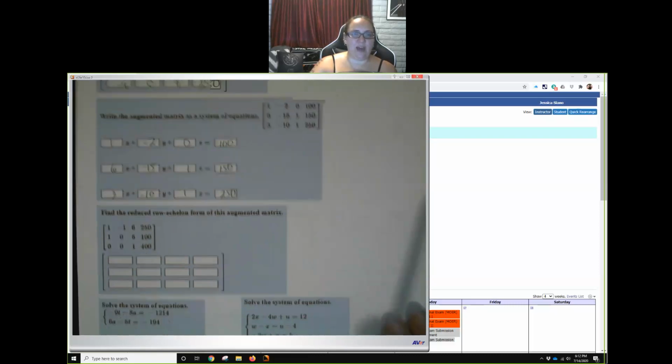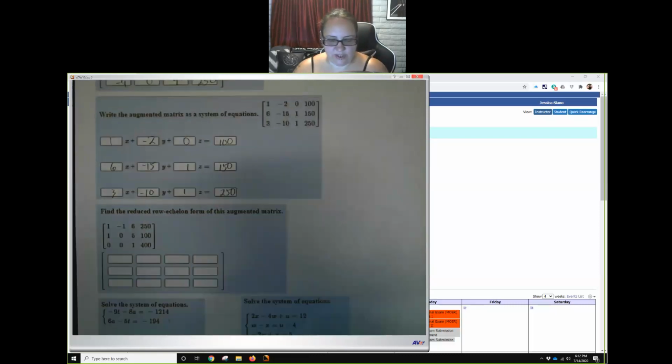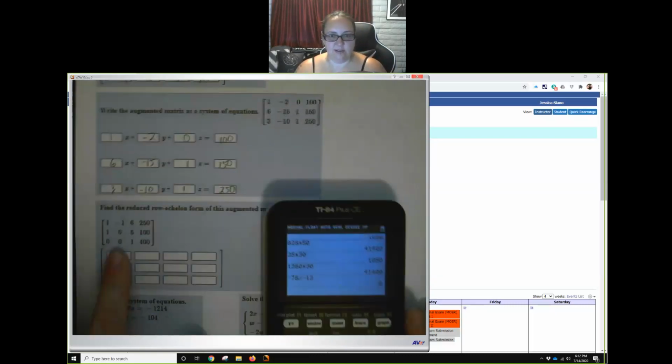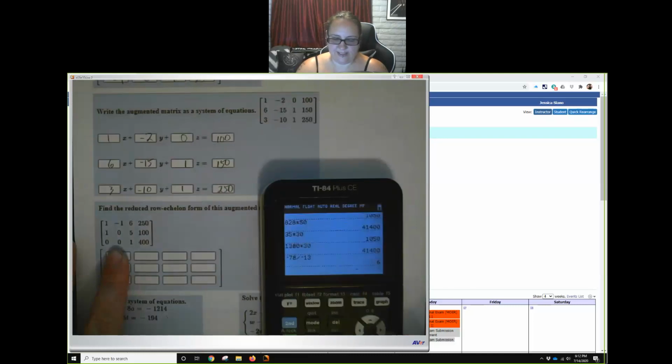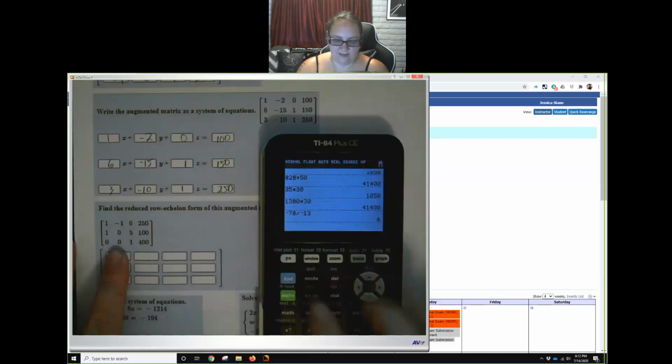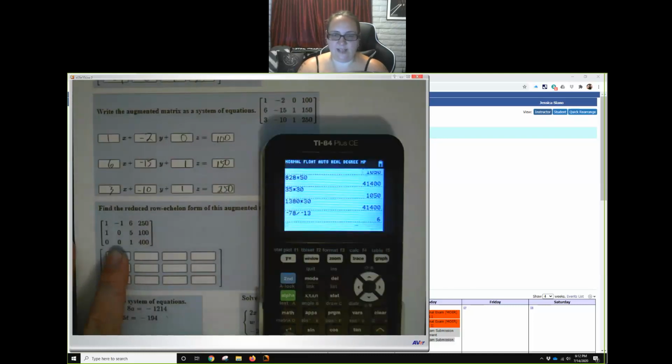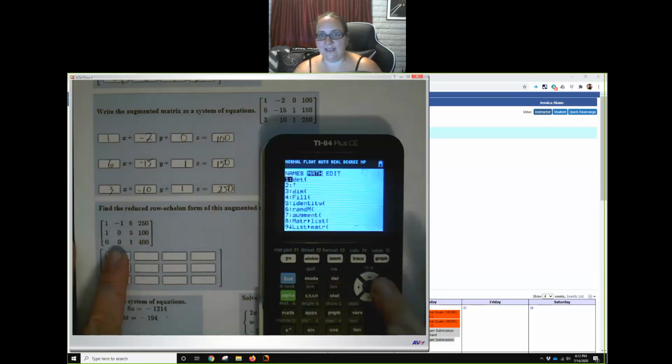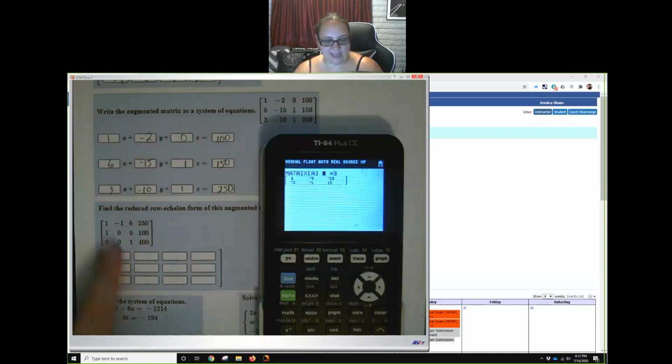All right, now we're going to put this matrix in our calculator. To do so, we're going to press second and then the x to the -1 button because that's where matrix is. Then we're going to go over to edit, press enter. This matrix has 3 rows and 4 columns.